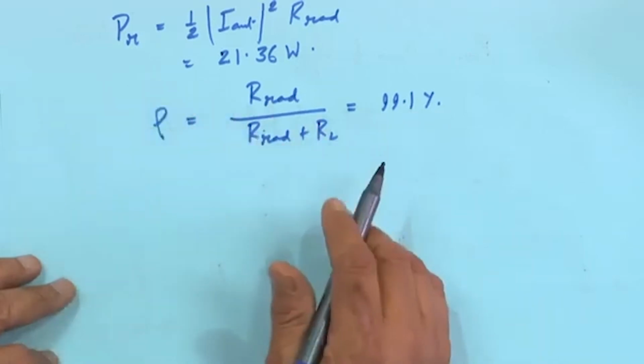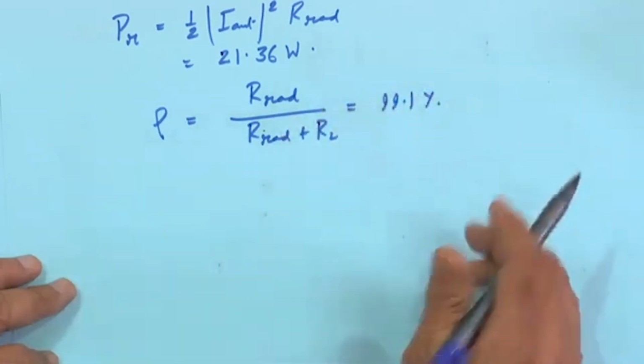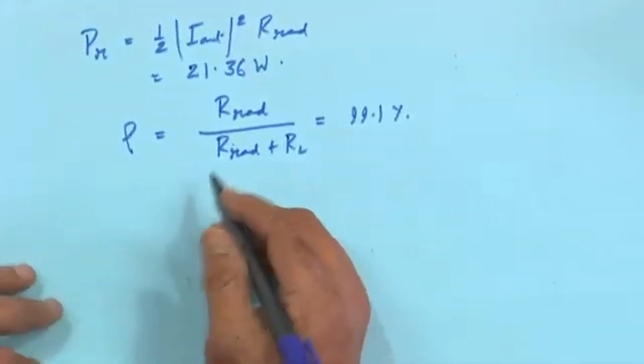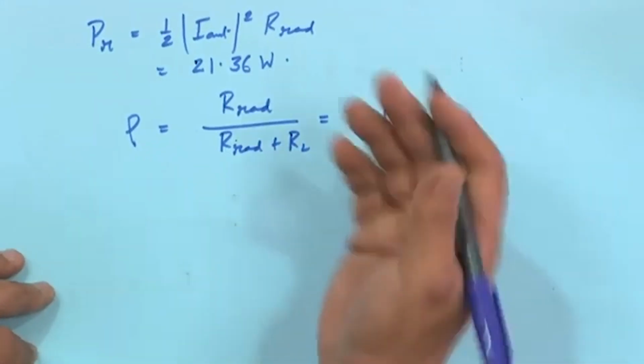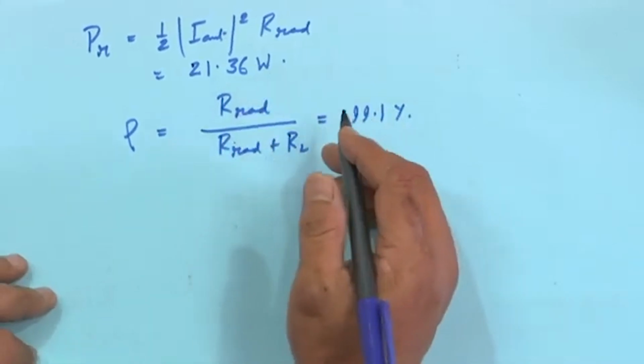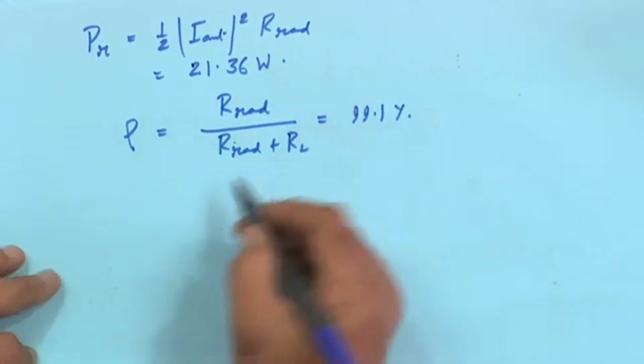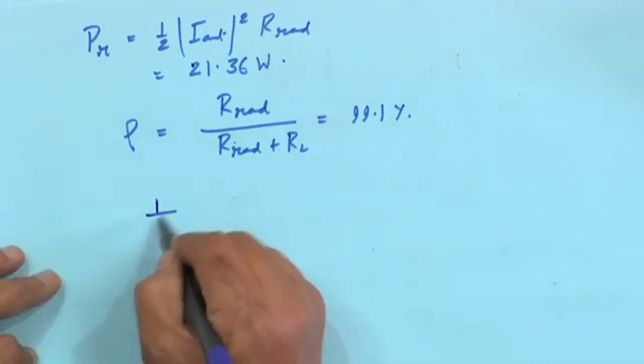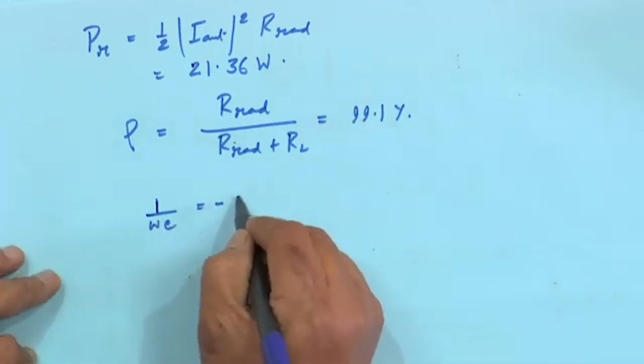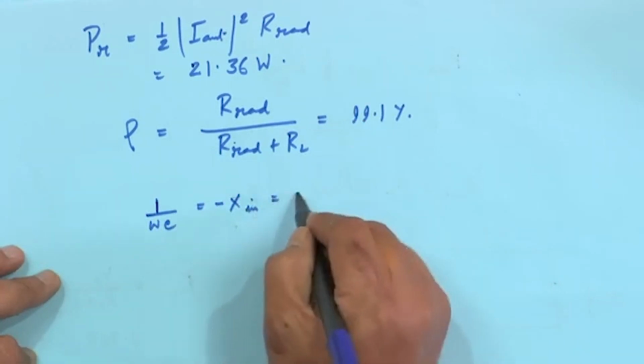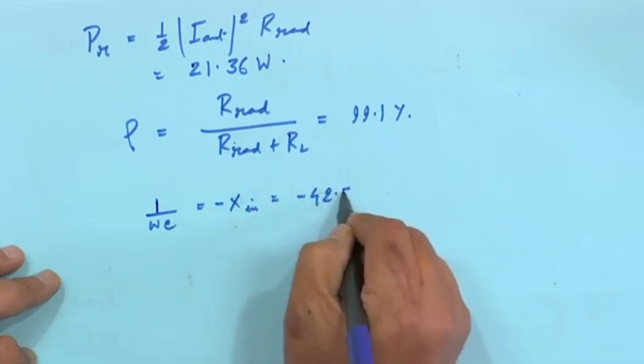You can put, because there is an inductance of 42.5 ohm. So, to nullify that, we can put a capacitor in series to cancel that, and that value we can obtain, that 1 by ωC will be minus X_in, that is minus 42.5 ohm.